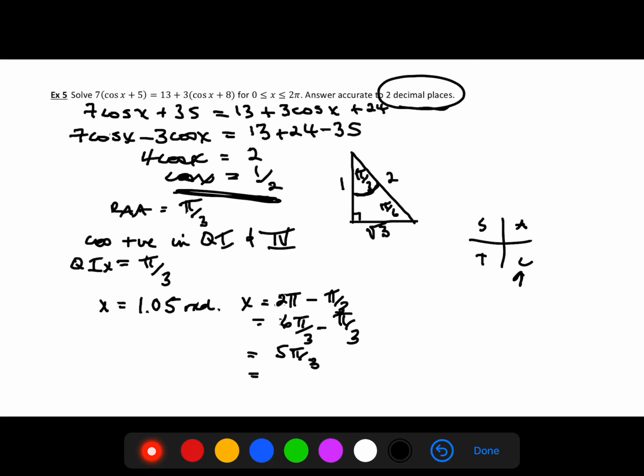Again, putting this into our calculators, 5 times pi divided by 3 gives us approximately 5.23 radians. So again, 2 possibilities, x is 1.05 and 5.23 radians.